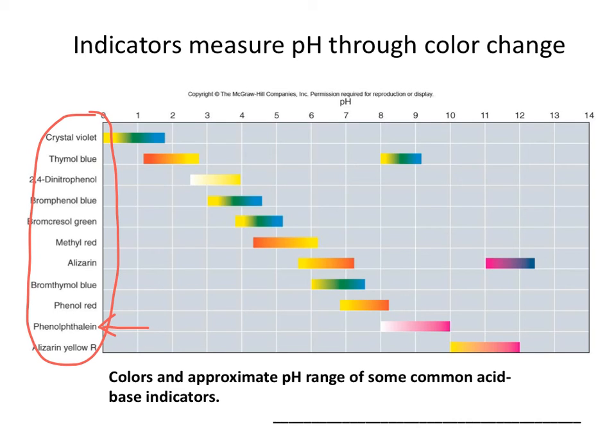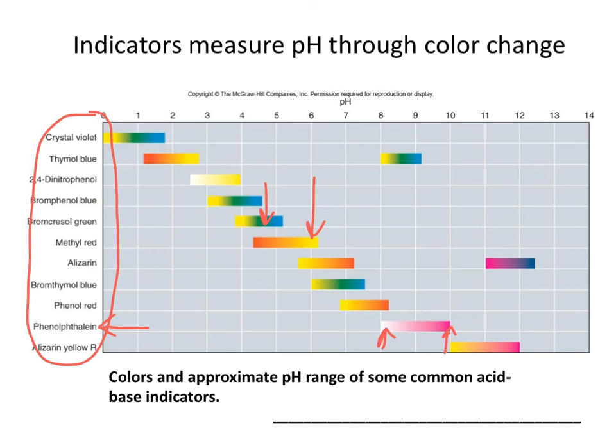But the color changes occur at different pHs, and for the one we would have done, it would have gone from clear to bright pink. But you would pick your indicator based on when you thought your endpoint would be reached. So there's a lot of thinking that goes into this. Mostly you could just try it and then pick the right one.